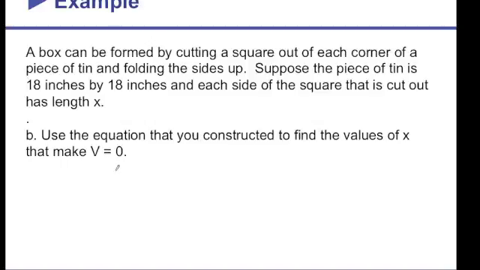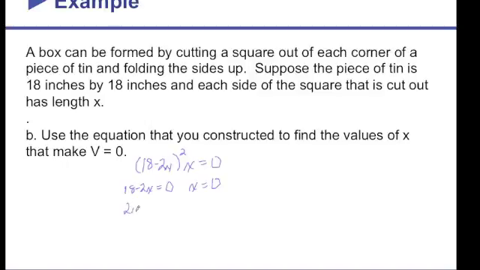Now we're going to use that equation we constructed to find when the volume equals 0. So we have the equation 18 minus 2x, the quantity squared, times x equals 0. Then 18 minus 2x equals 0 twice, or x equals 0.